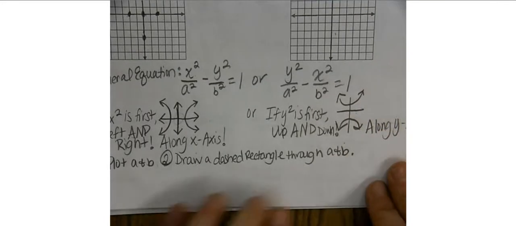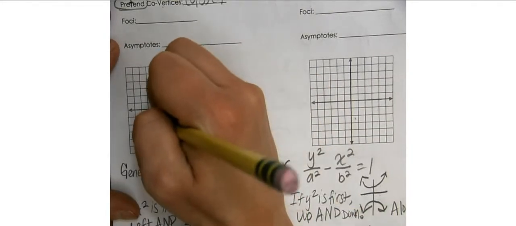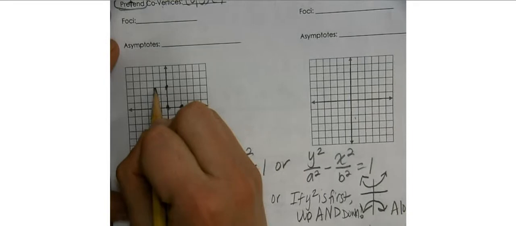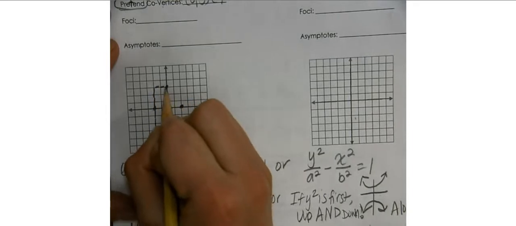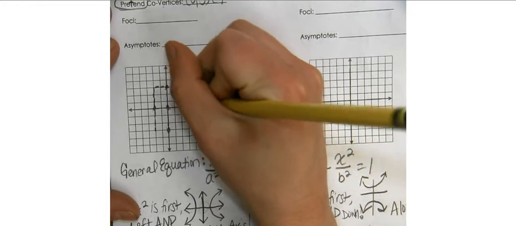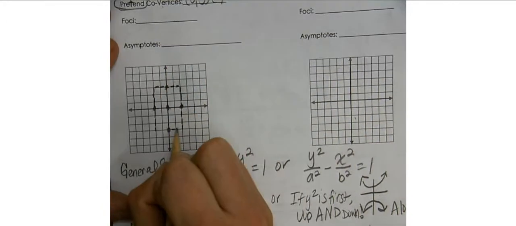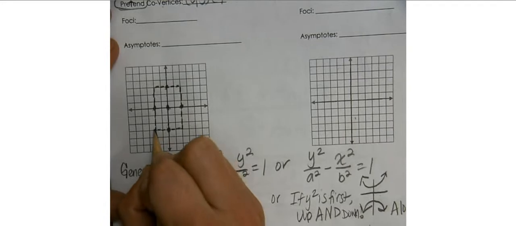Okay, let me show you what that's going to look like. I'm going to draw a rectangle going through a and b. So this is going to be a dashed rectangle. I'm going to stop once I reach this point, and go through until I reach where 2 is. I'm going to go all the way down and then all the way across. So I have a dashed rectangle.